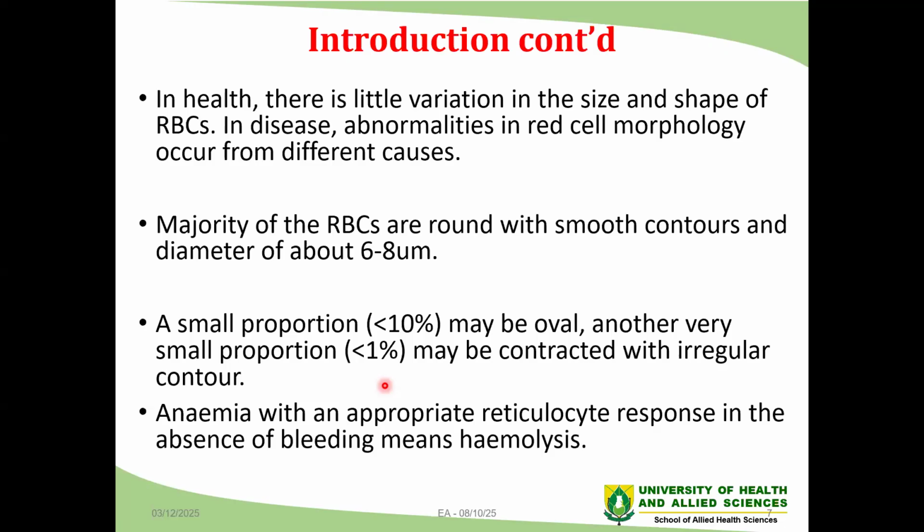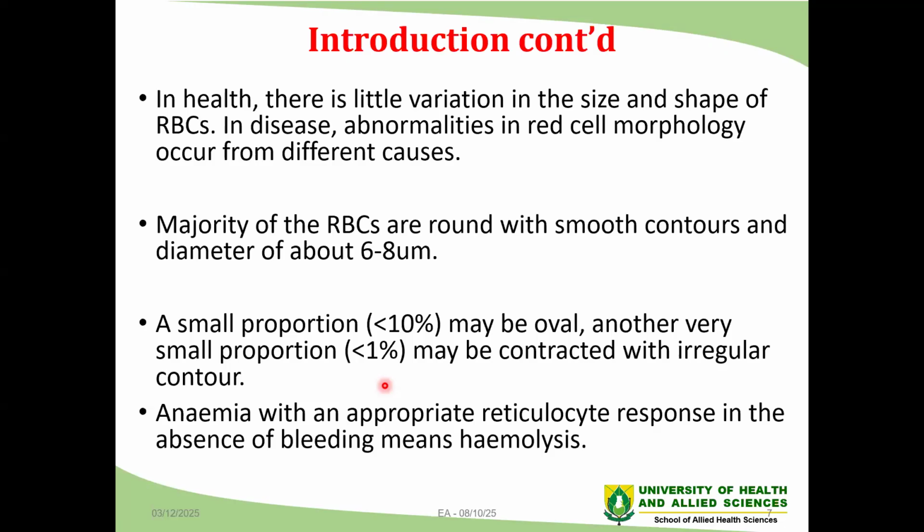Red cells can be lost either through bleeding or through hemolysis. So when you have an anemia and there is an appropriate reticulocyte response, meaning that if you do the count of reticulocytes, the counts are normal, but this can be established in the absence of bleeding, that would mean that the patient is undergoing hemolysis.